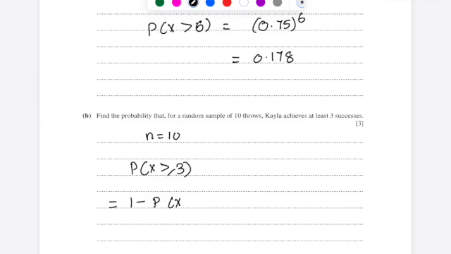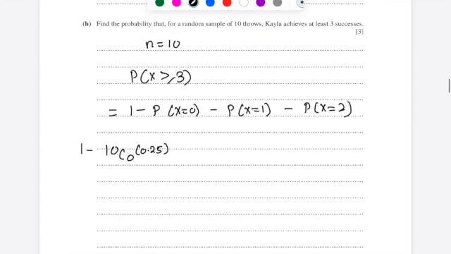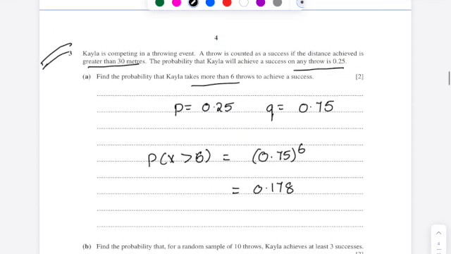So 1 minus probability of x equals 0 minus probability of x equals 1 minus probability of x equals 2. That will be the best way. So 1 minus 10C0, 0.25 to the power of 0, then 0.75 to the power of 10.